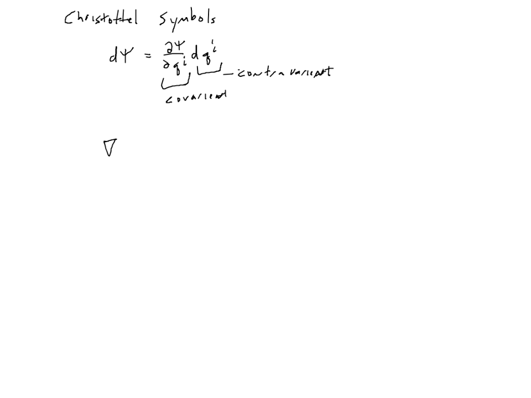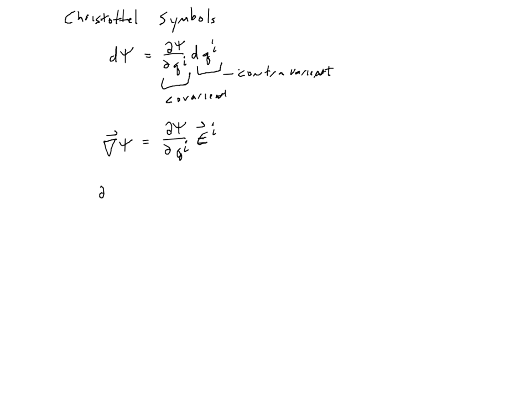And so we could say that if you take the gradient of a scalar, then that is like saying partial psi with respect to q i times epsilon i is by definition the gradient.